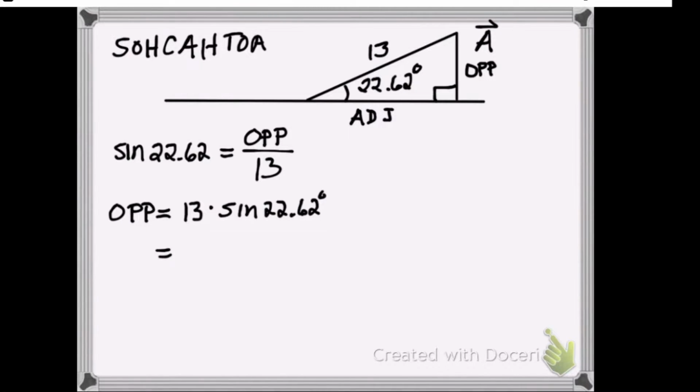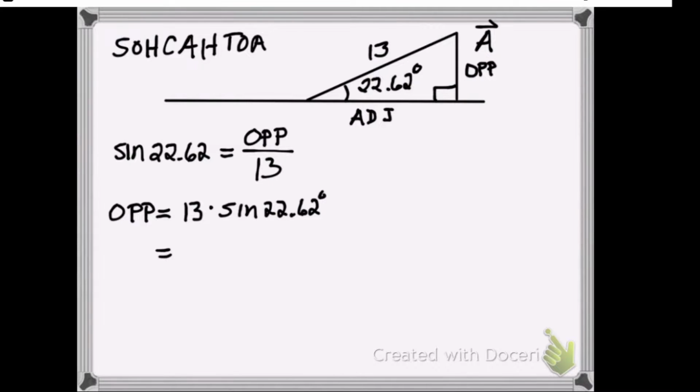Now I'm going to use my calculator, which is a TI 84 Plus Silver Edition graphing calculator. Not that that's particularly important. I can do this with any calculator. So I'm going to do 13 multiplied by the sine. I made sure that my calculator is in degree mode because I'm using degrees to measure the angles.